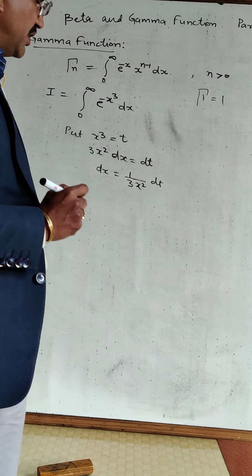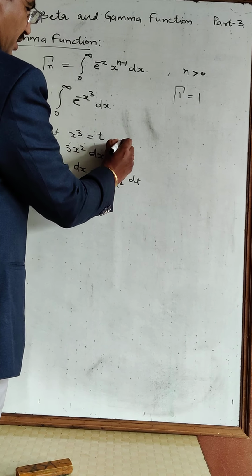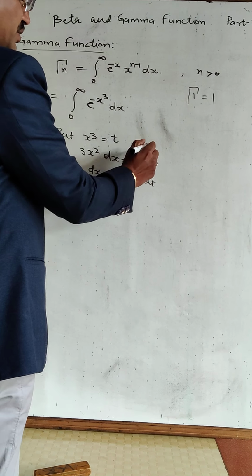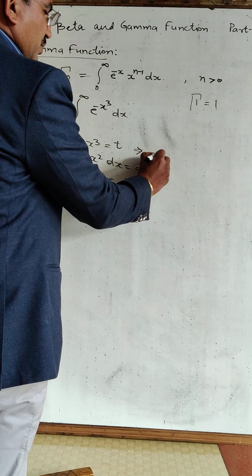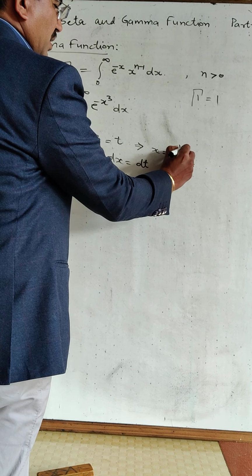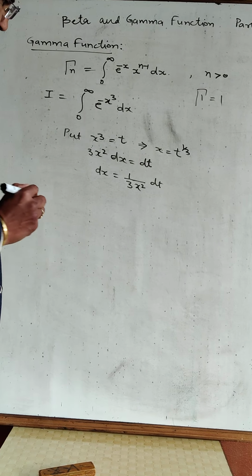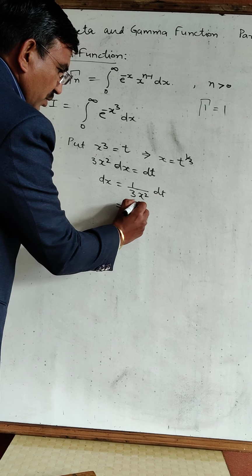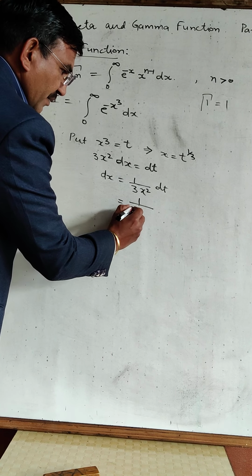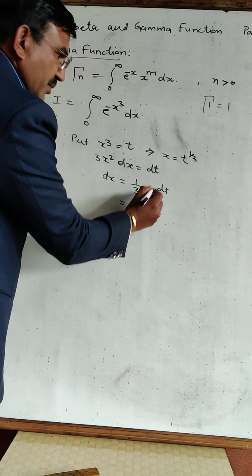Now we will put the value of x from here. If x cube is equal to t, then x would be t raised to the power 1 by 3. We will put it here, it would be 1 over 3 into t raised to the power 2 by 3 dt.